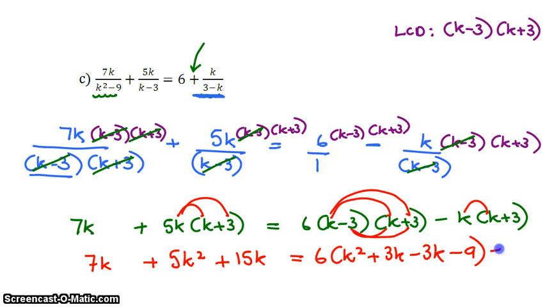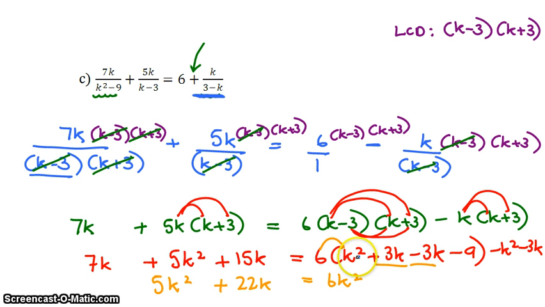And this is minus k squared and minus 3k. So like terms on both sides. This side so far is 5k squared plus 22k. This side will be 6k squared. Now 3k minus 3k cancels, so I'm just left with minus 54 and a minus k squared minus 3k.